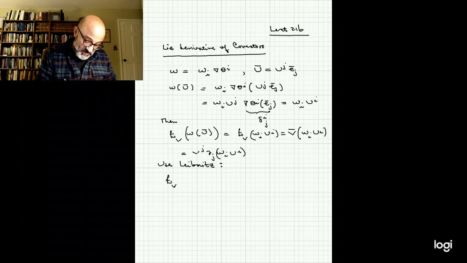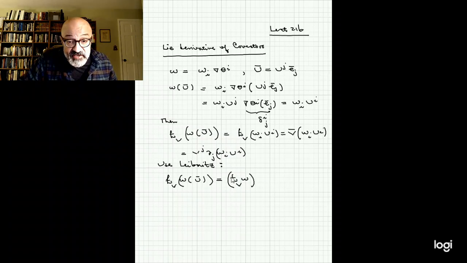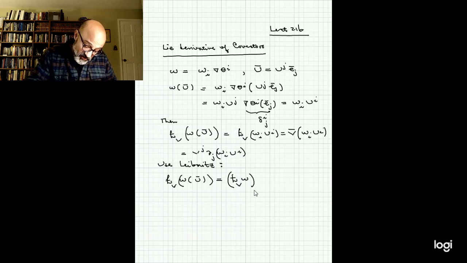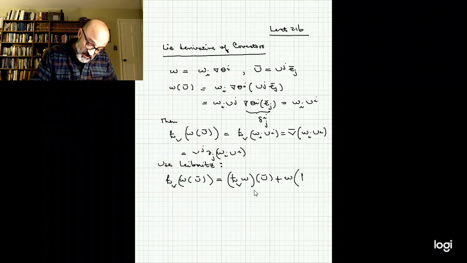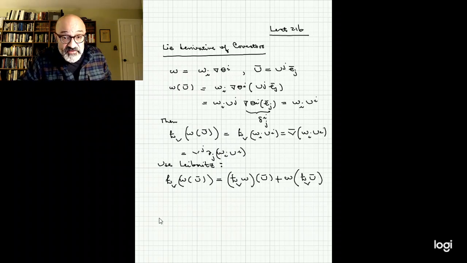The derivative of ω(u) is going to be the Lie derivative of ω, which is what we want to compute, and because this is a scalar, this is just going to be a covector acting on the vector u, plus ω acting on this Lie derivative of u. And since this is a scalar operator, this is a vector, so here we see a covector acting on a vector, same thing. So we have two different ways to compute the same thing.